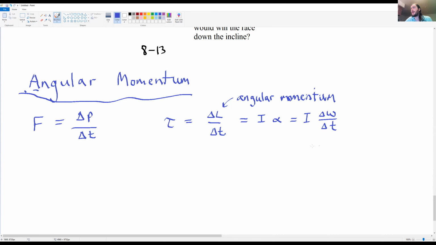And if the moment of inertia is not changing, well, it's never changing for a rigid body, then we can bring the I inside of the delta. So we can say delta I times omega divided by delta t. And this gives us our definition for angular momentum. So delta L equals delta I omega, or L equals I times omega.